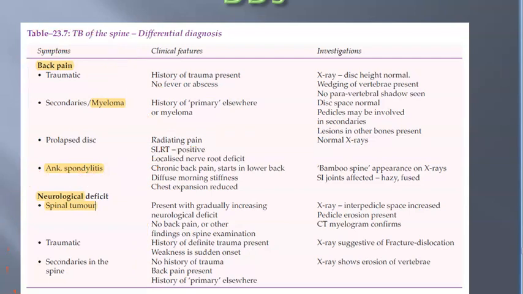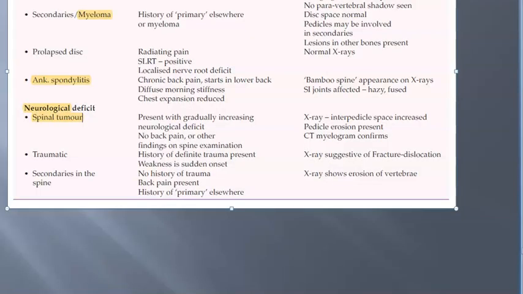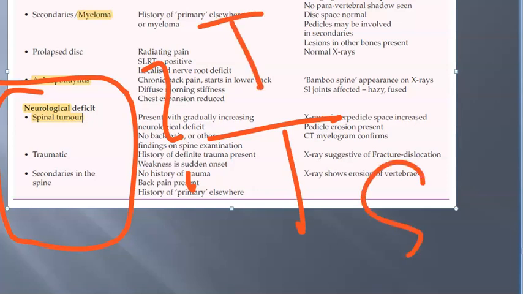Now coming to the differentials for neurological deficit. What can cause this neurological deficit? Touch the spine and see. Maybe there is a tumor here. Not the chair, my back, my spine. Why do you think I am having neurological deficits? My nerves are acting up because there is probably some spinal tumor, and trauma, and again secondaries of spine.